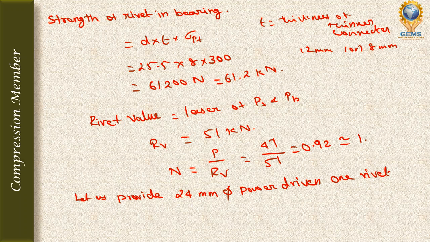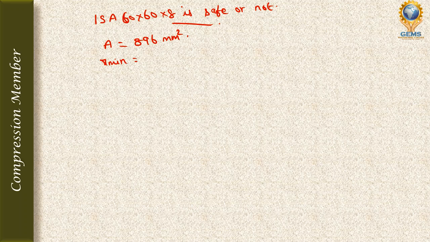We found the number of rivets needed, but we have to check whether ISA 60 by 60 by 8 is safe or not. From the steel table we get A is equal to 896 mm square and r minimum is equal to 11.5 mm.